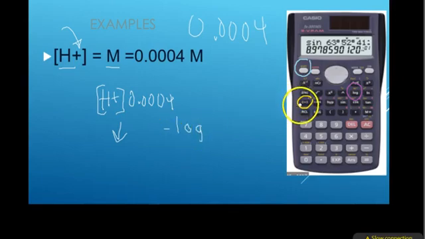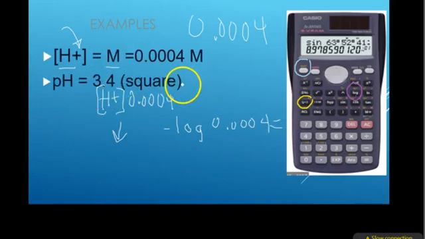So in your calculator, you hit the negative button, you hit the log button, and then 0.0004, and then the equal sign.